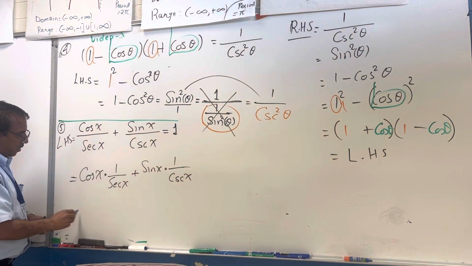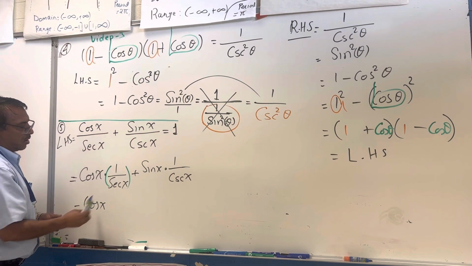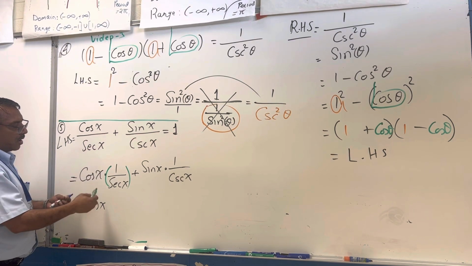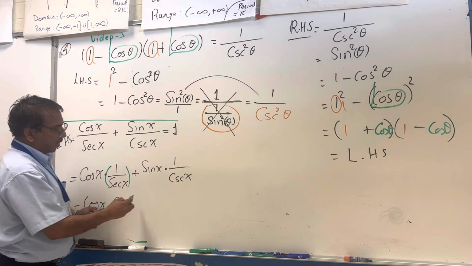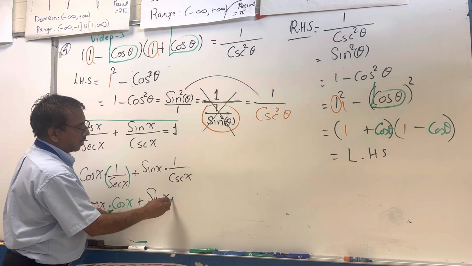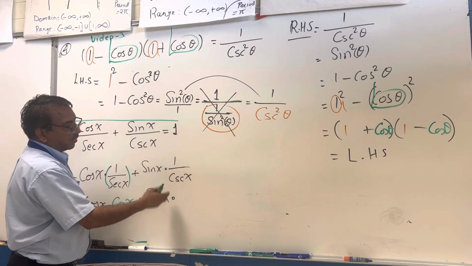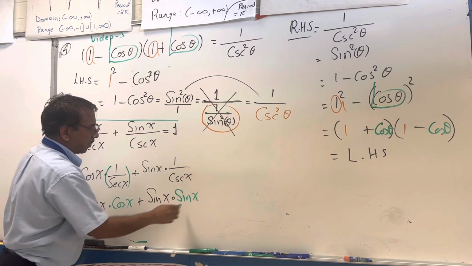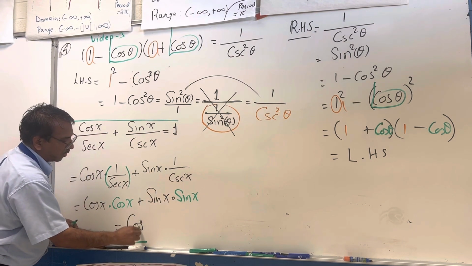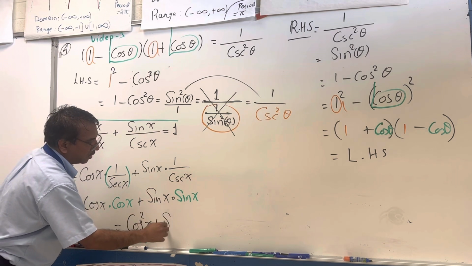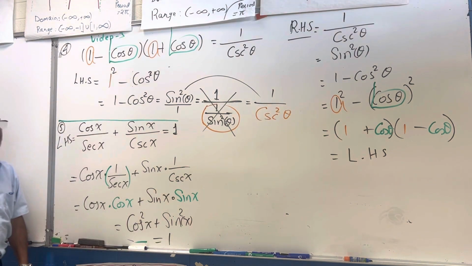But 1 over secant is the reciprocal identity of cosine, so that becomes cosine, plus sine x times, and cosecant is 1 over sine, so 1 over cosecant is sine. So both are cosine square and sine square. Cosine and cosine gives you cosine square of x, and sine gives you sine square, and by the Pythagorean identity you get equal to 1, and you're done.